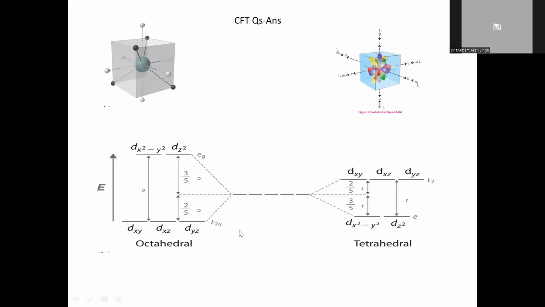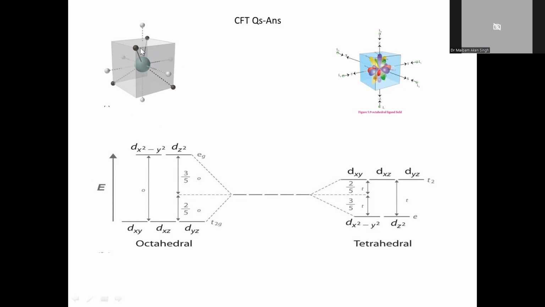Here, triply can also be called three-fold and doubly two-fold. Why does the two-fold set go up in octahedral and go down in tetrahedral, and the three-fold set go down from the original in octahedral and go up in tetrahedral? I will give the explanation here also. The orientation in tetrahedral and octahedral is different.